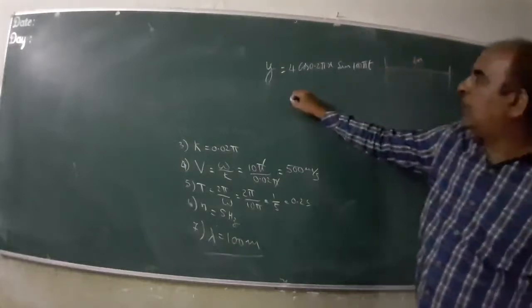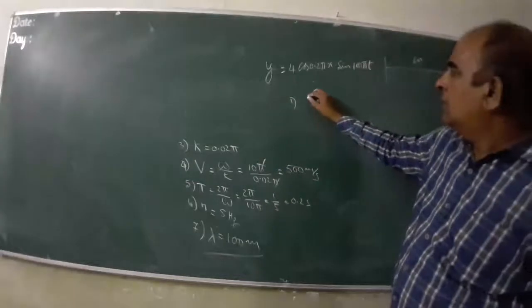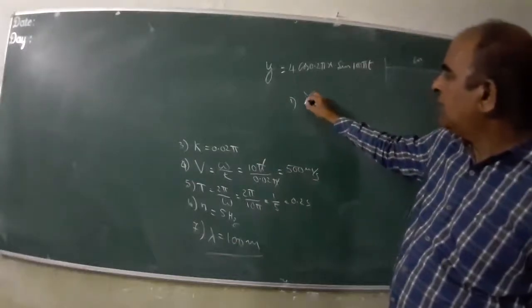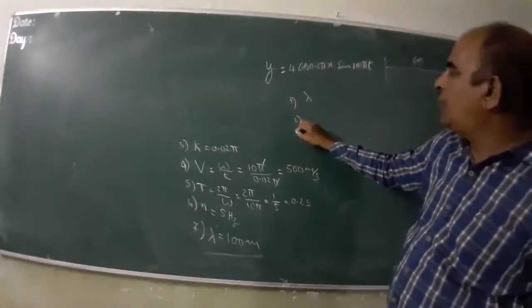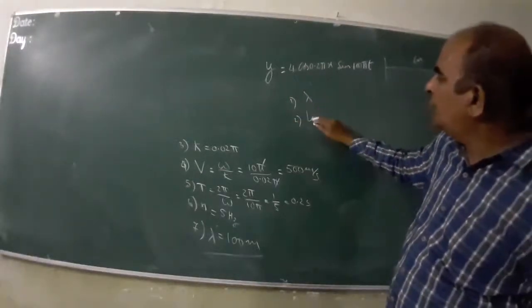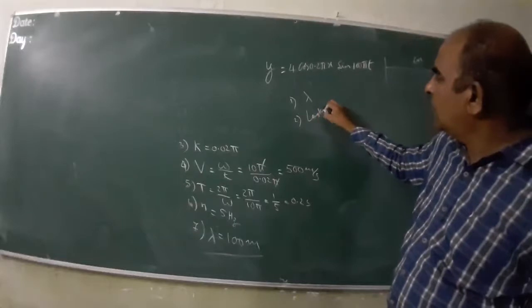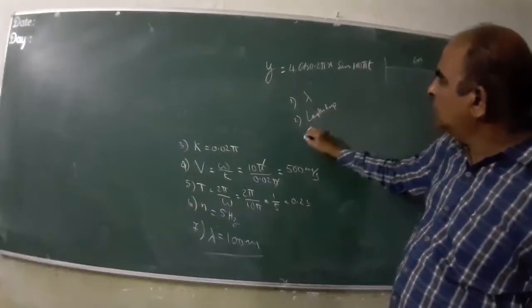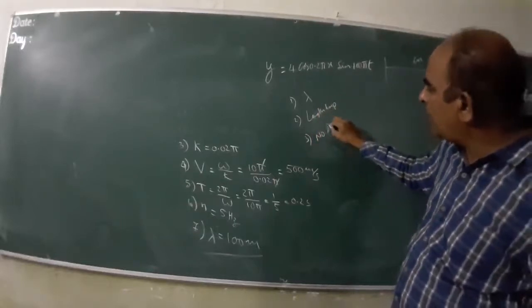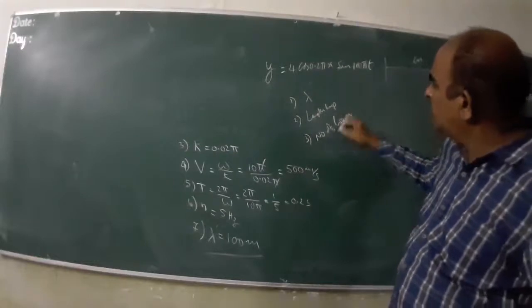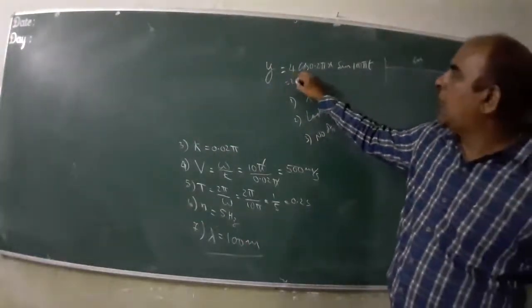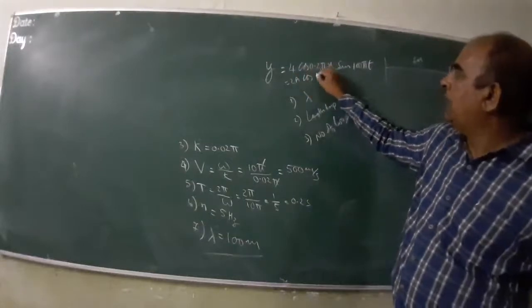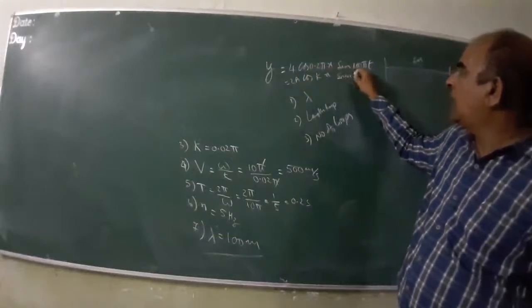Calculate first, the wavelength of the independent progressive wave; second, the length of each loop; third, the number of loops. Three questions.